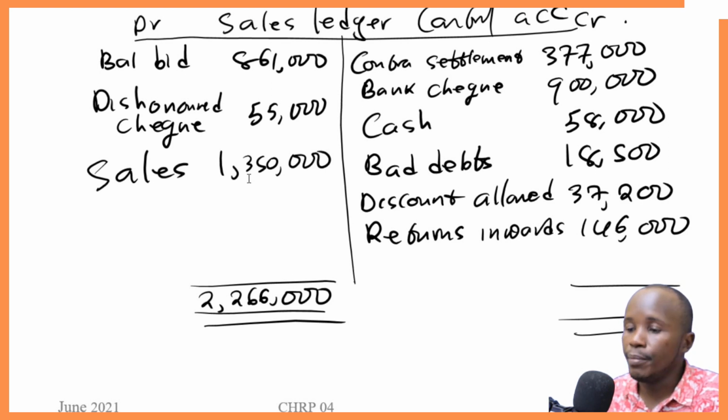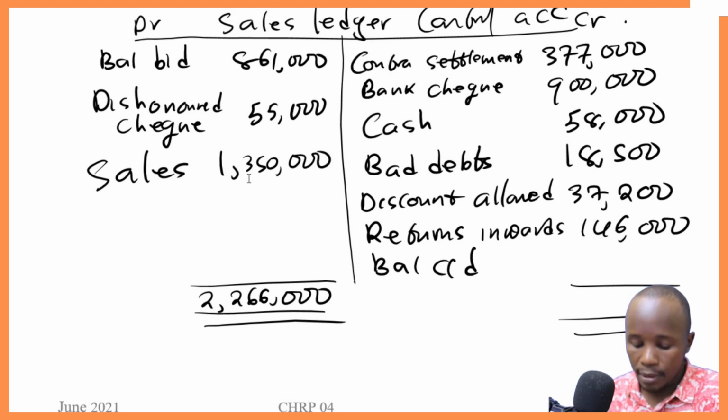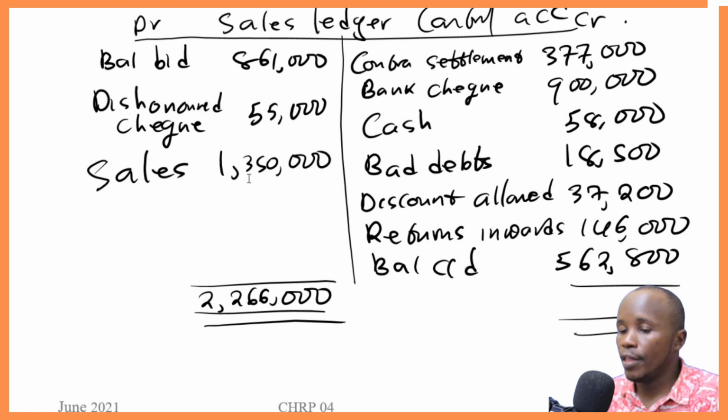That is 1.7 million. So this means the balance carried down will be on this side. 2,266,000, so there is a balance carried down of 562,800, so that you balance your account.